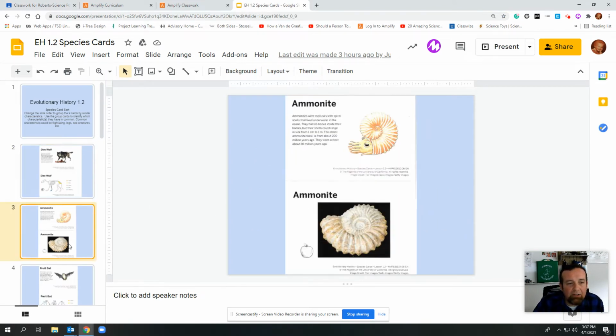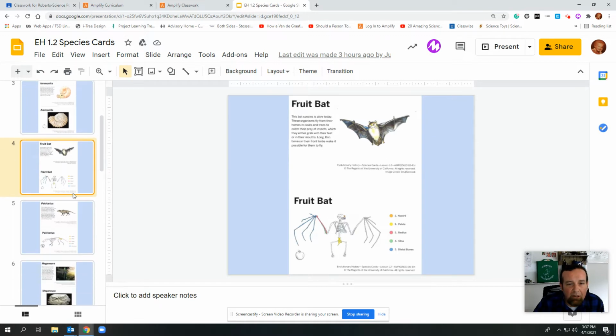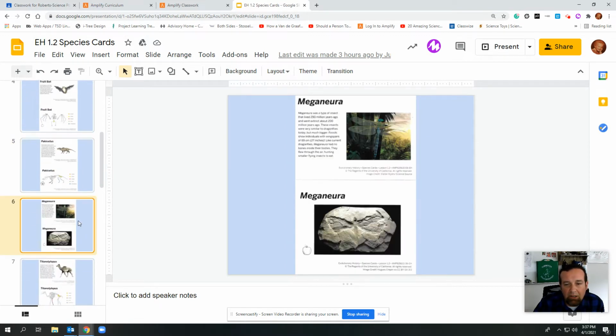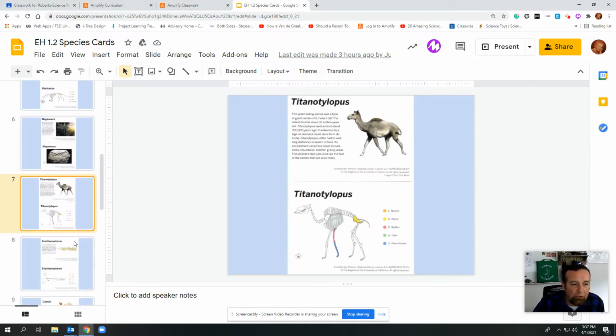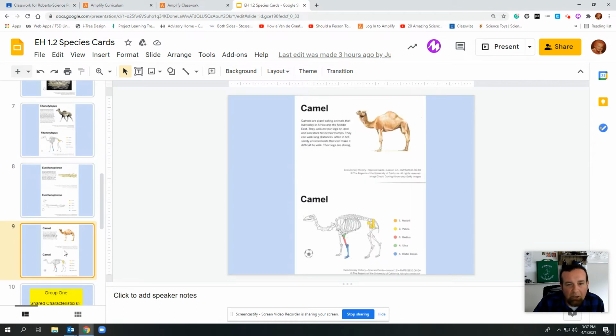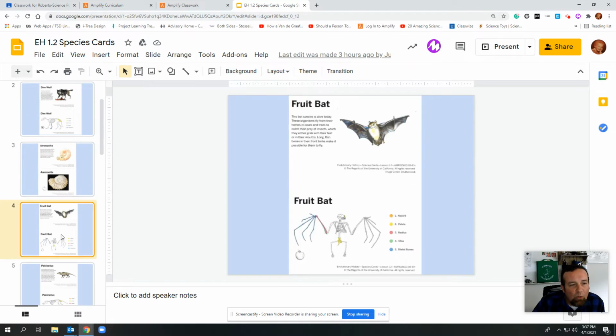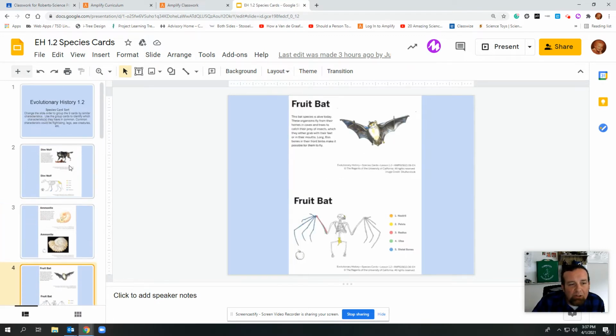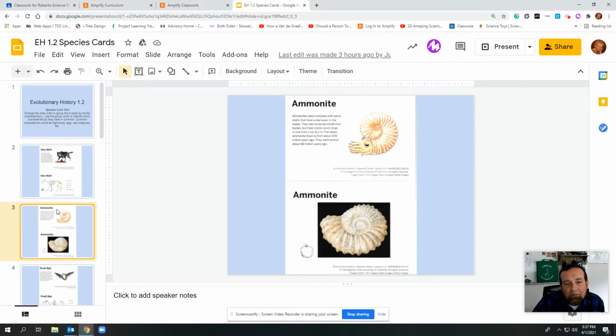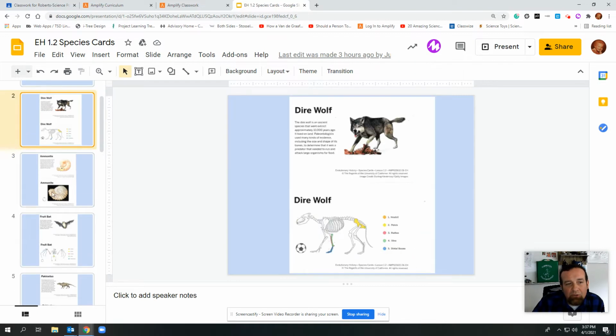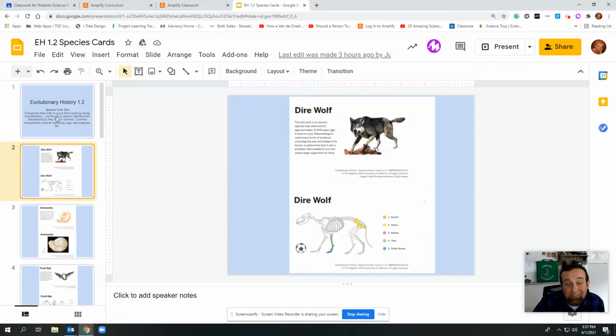All of these slides here have different animals, ancient animals, that are no longer with us today. Well, maybe except for the camel, or the fruit bat. But what you're going to do is you're going to look through all of these different animals, and you'll notice over here on the left-hand side, they're not in any particular order. Your job is to sort them.